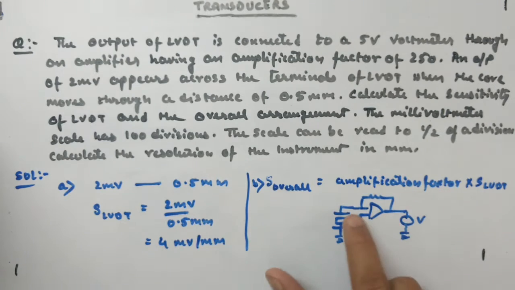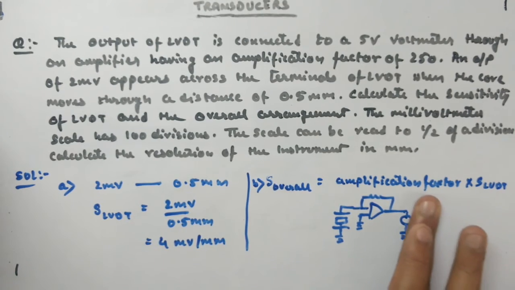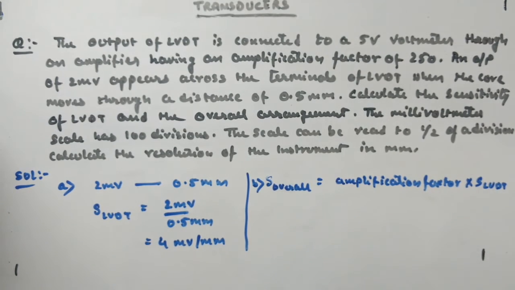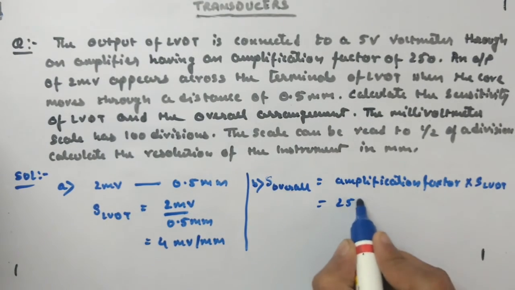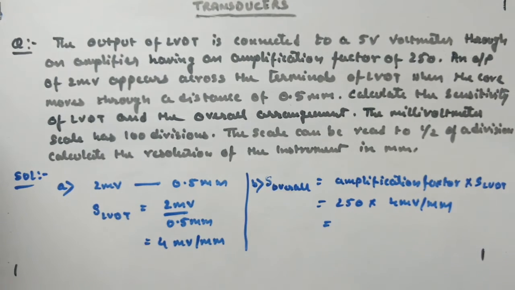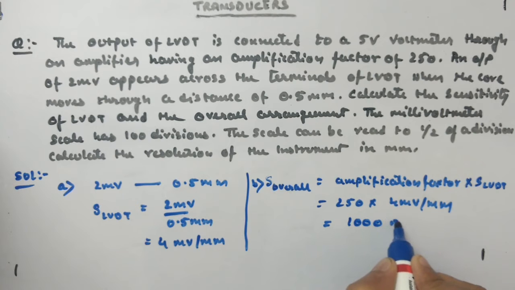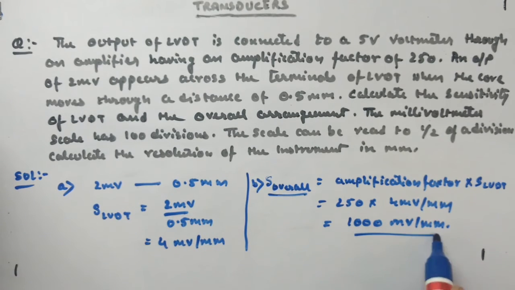Now you just multiply with the amplification factor and you get the overall sensitivity. I hope the picture is clear. Now I'll plug in the values. Amplification factor is 250 into 4 millivolt per mm. This will give you 1000 millivolt per mm. So this will be the overall sensitivity, and the LVDT sensitivity is this.